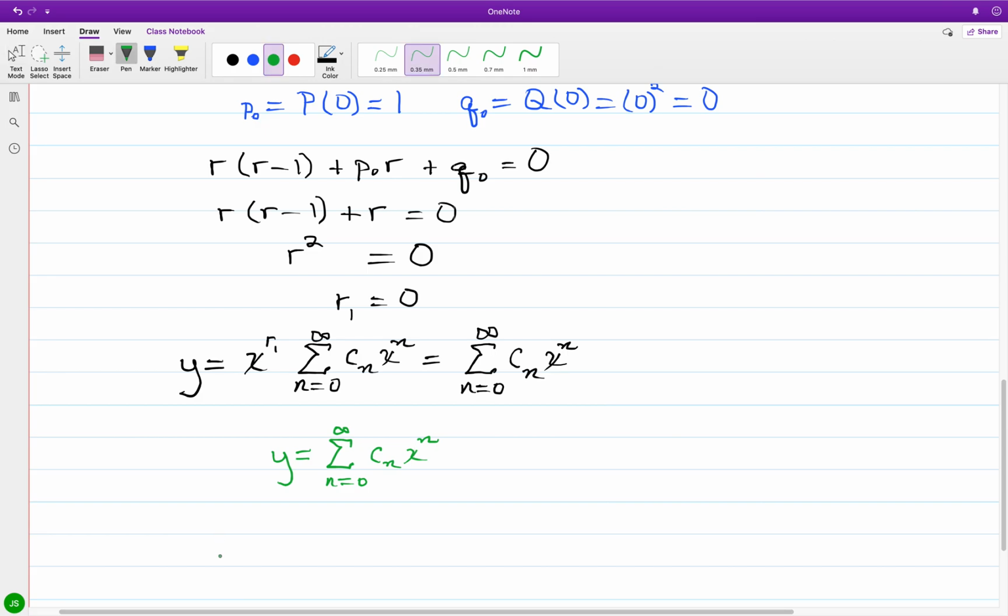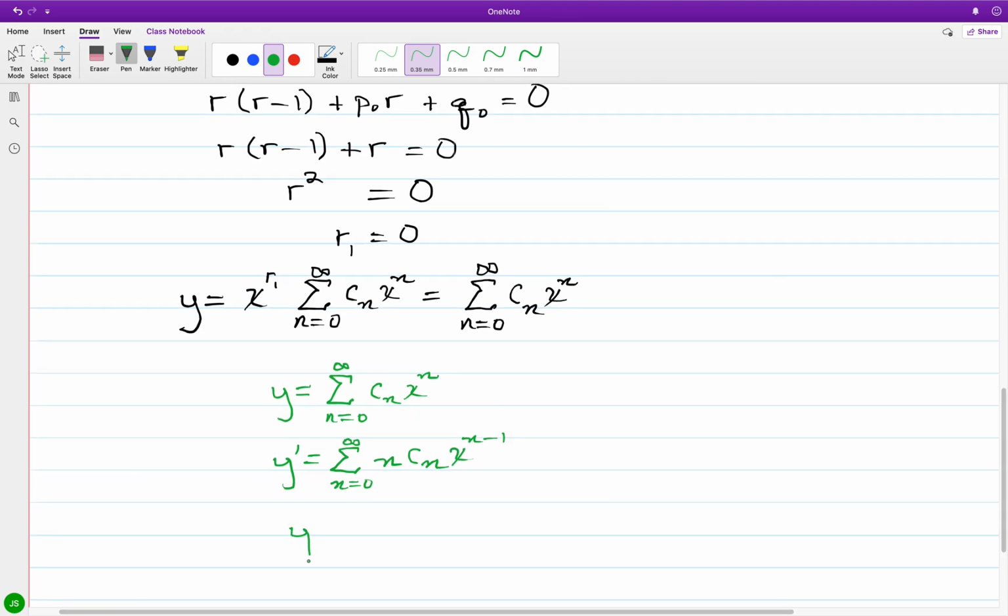So in this particular case, y prime is equal to the summation as n goes from 0 to infinity of n times c of n times x raised to the n minus 1.